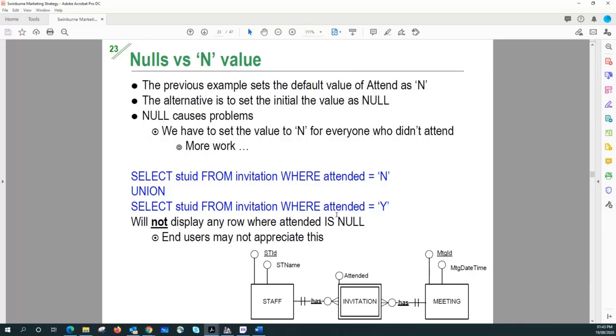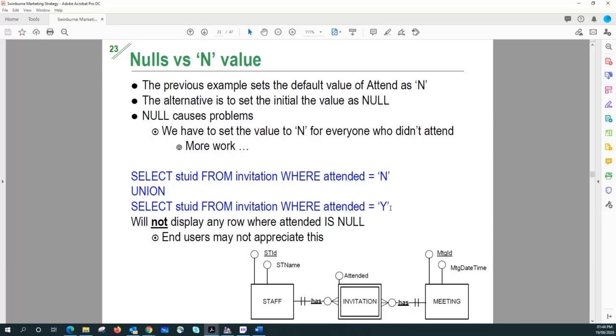It's more work to create reports. For example, if my manager asks, okay Ravinder, can you please give me a report of who has attended and who has not attended? Then I can simply run a statement with a union of two select statements. This is the attended people. These are not attended people.